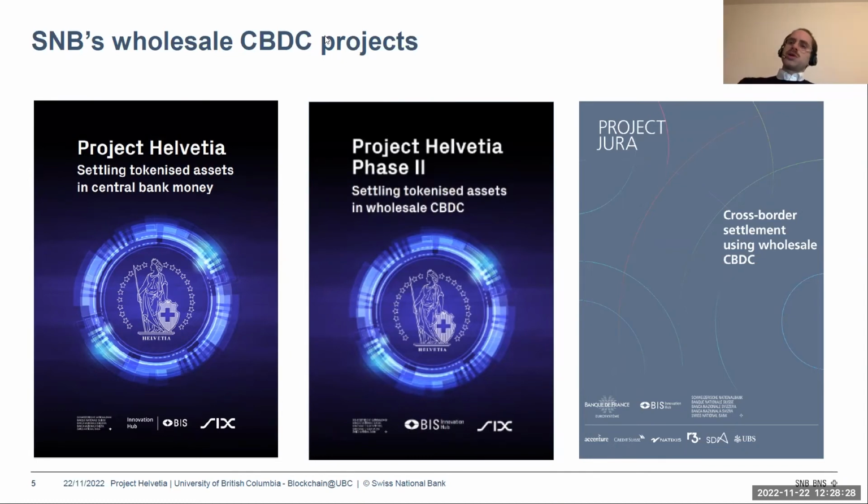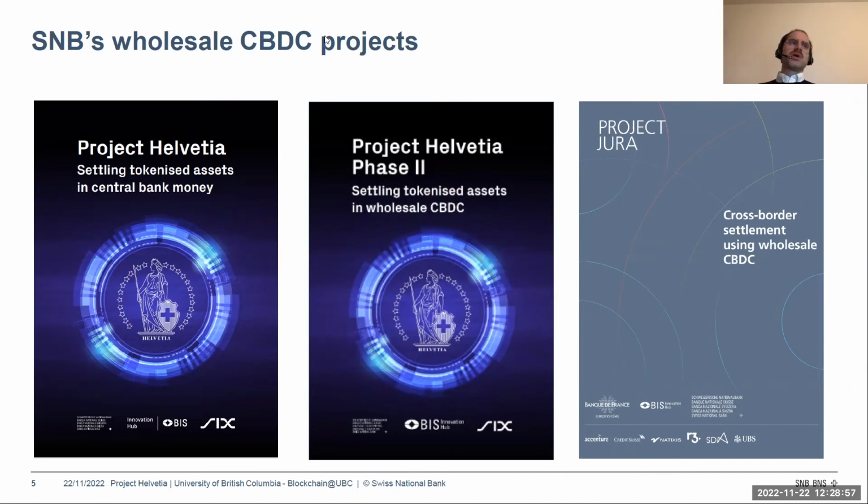After the first phase, we also went cross-border with Project Jura. We teamed up with the Banque de France, the French central bank, and also based on the technology provided by SDX, we did an experiment in the cross-border space to use wholesale CBDC to settle foreign exchange transactions.